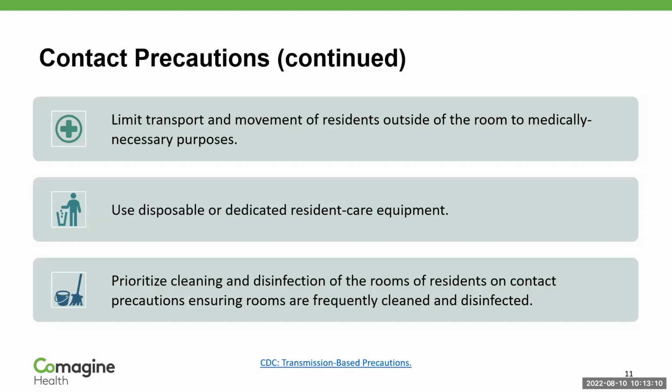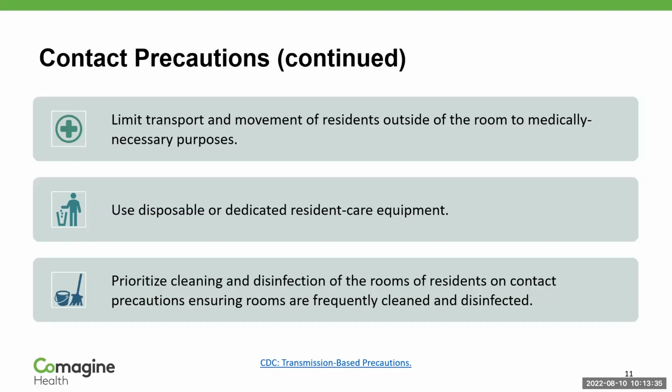And then you need to prioritize cleaning and disinfection. You remember last time we talked about doing a risk assessment for environmental cleaning, and you take that environmental cleaning risk assessment and determine how often you're going to clean and disinfect areas, but at a minimum, at least daily or prior to use by another resident if it's an outpatient setting.